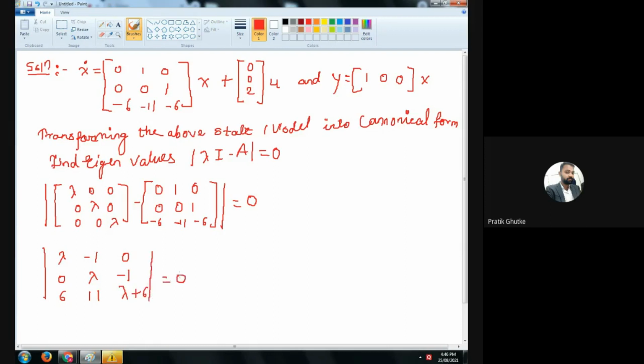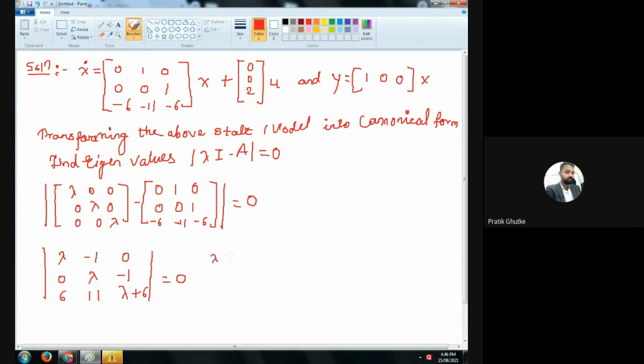Are you understanding this? How I am calculating the eigenvalues to transform it into canonical form? Okay, so now solve this equation to get the eigenvalues.